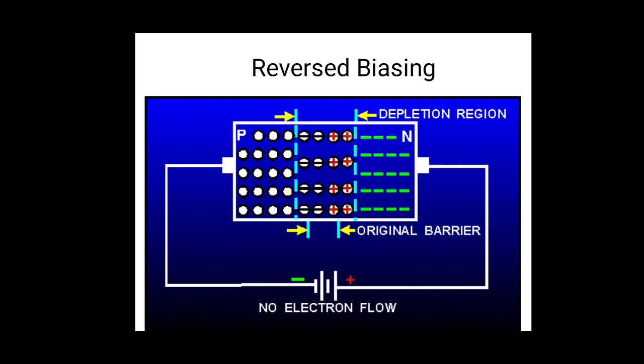But this happens in theory. Practically, there is a small amount of current flowing in the device because of the minority carriers, and hence it is said that no electrons flow.